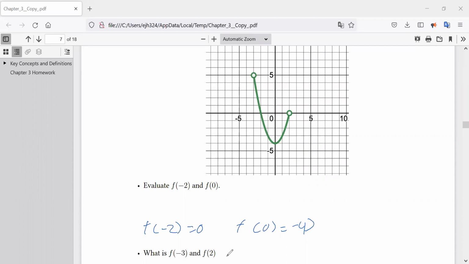Because they have open circles, they're not defined. But you just identified what are called the limits. It's approaching those 2 values, but it doesn't actually get them. So it's not defined at these points, but those are the limits of this function as they approach -3 and 2. Very good.